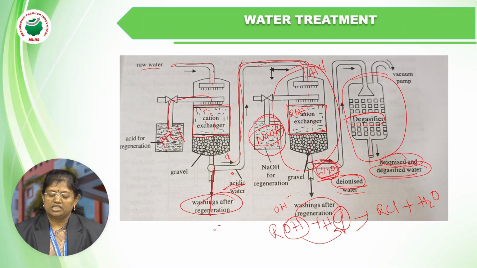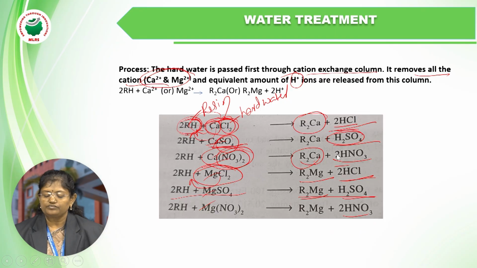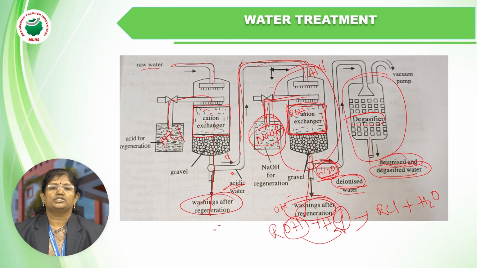In the same way, the regeneration of the anion exchanger can also be done. This other chamber, which is connected to this one, is filled with NaOH. Upon passing the NaOH continuously through the exhausted anion exchanger, it will remove the anions of the water which are blocking the pores, and all these washings after regeneration are sent out. Now the exchanger is ready for exchange.